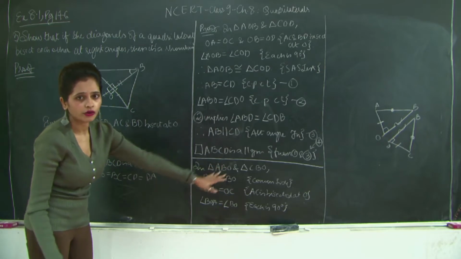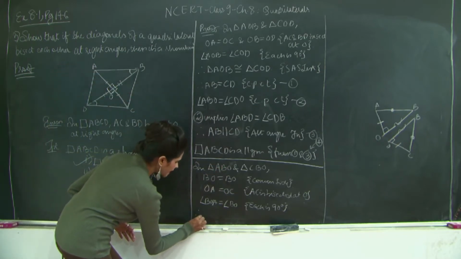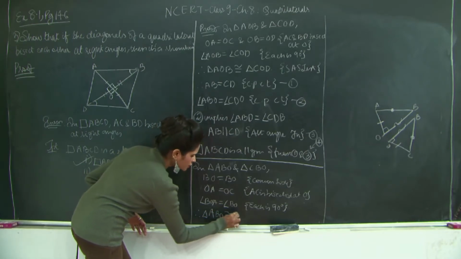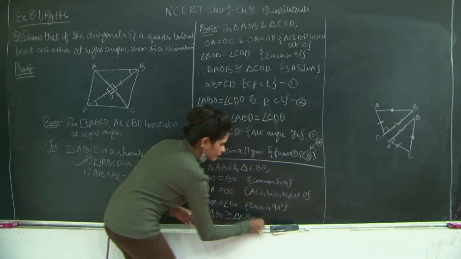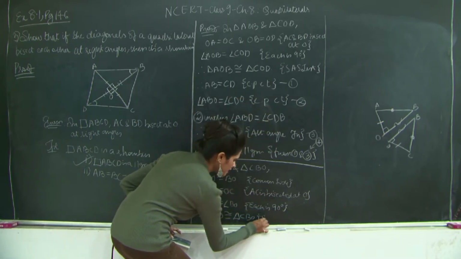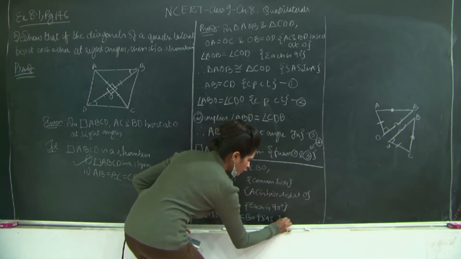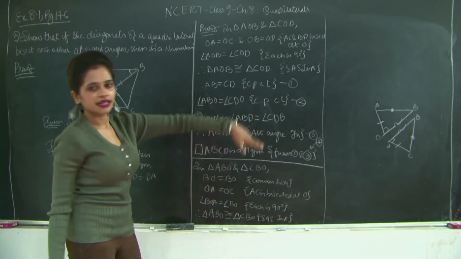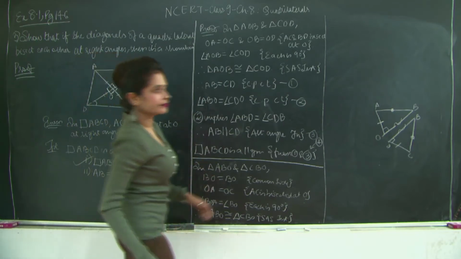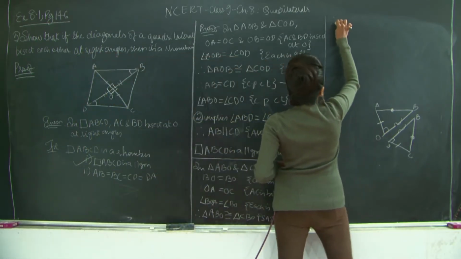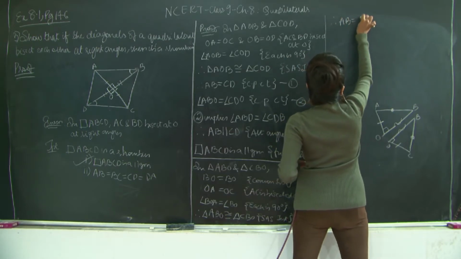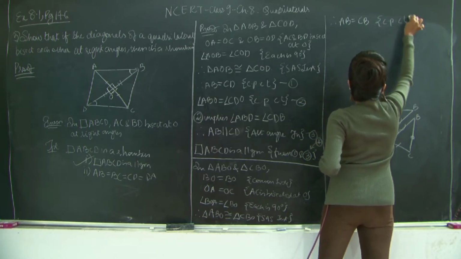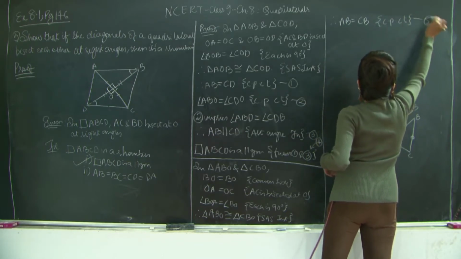That these two triangles are congruent by the side angle side test of congruence. So I am writing triangle ABO is congruent to triangle CBO by SAS test of congruence. Right? Now let's prove that AB is equal to CB. Therefore, AB is equal to CB by corresponding pair of congruent triangles, and let's mark this as 5.